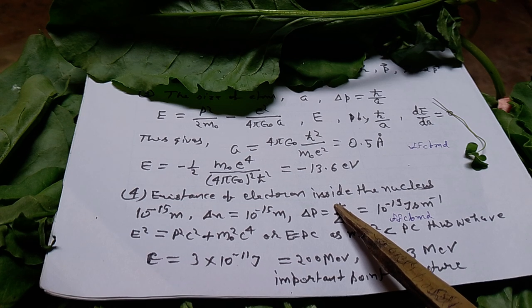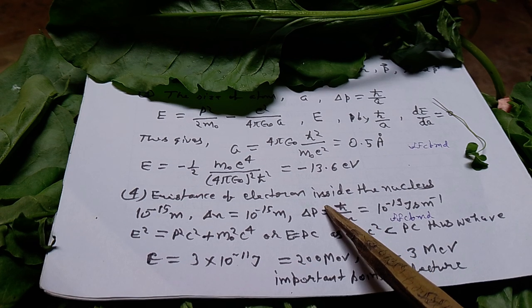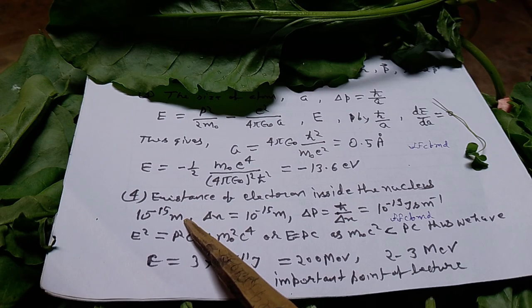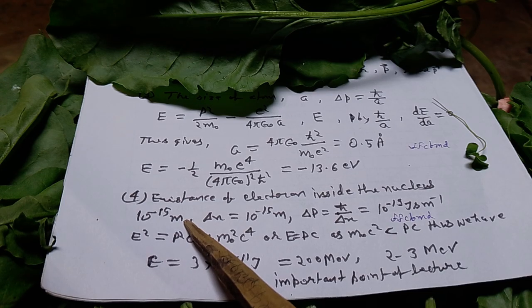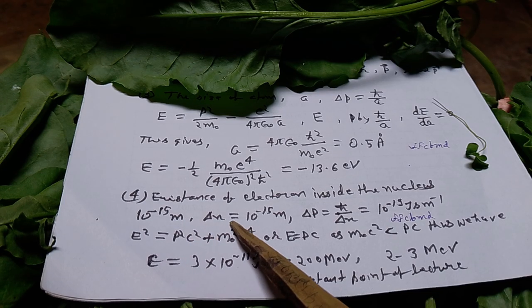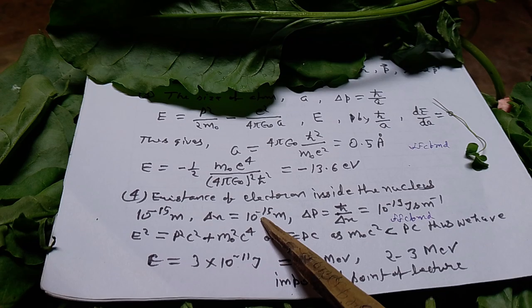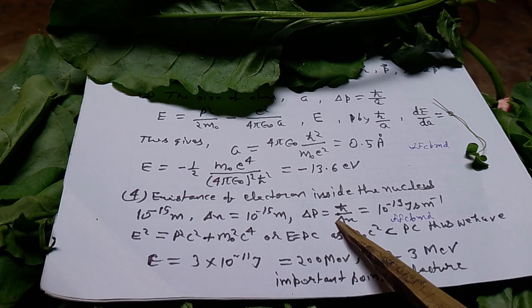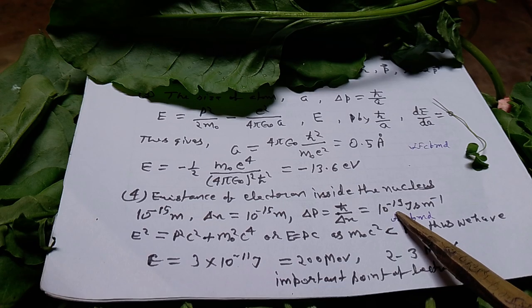The size of a nucleus is of the order of 1 Fermi, that is 10 to the power minus 15 meter. Therefore, if electrons are present inside the nucleus, then the maximum uncertainty in their position is delta x equal to 10 to the power minus 15 meter. Hence, delta P will be h cut by delta x, equal to 10 to the power minus 19 joule second per meter.